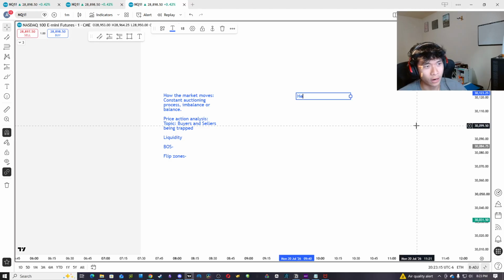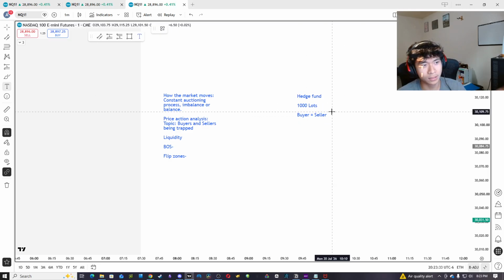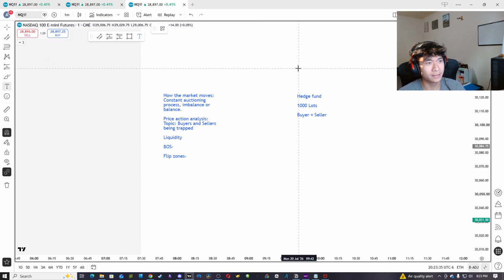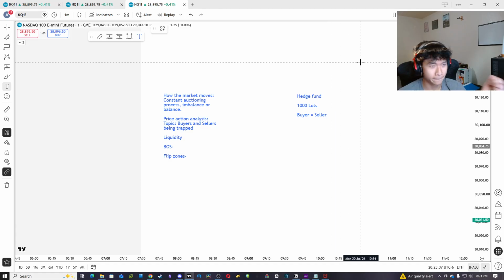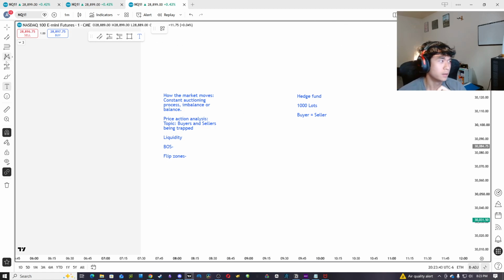Let's just say we're a hedge fund and all of our order sizes happen to be 1,000 lots, right? And for every buyer, there needs to be a seller. And these hedge funds can't just unload a 1,000 lot order all at a single price level, right? So what happens is that they do it several ways.